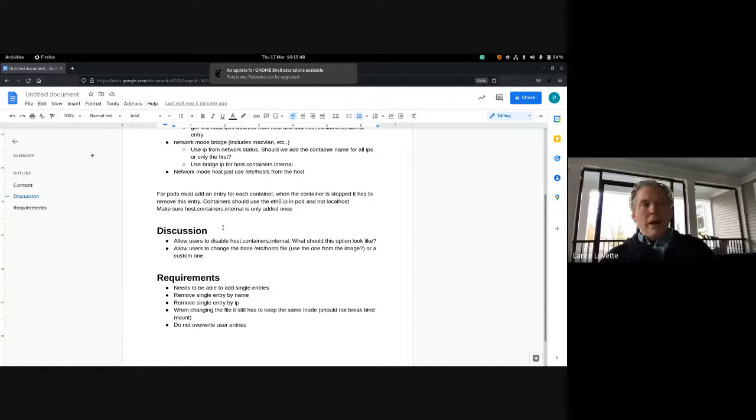So the problem that I'm running into is, I've got a lot of containers running on the same network, and it's unclear, if you're using the image hosts, which image hosts file is taking precedence? I have lots of containers. They all have their own hosts, potentially their own host image. And so the option that I was promoting was essentially trying to be able to configure that at runtime instead of image time.